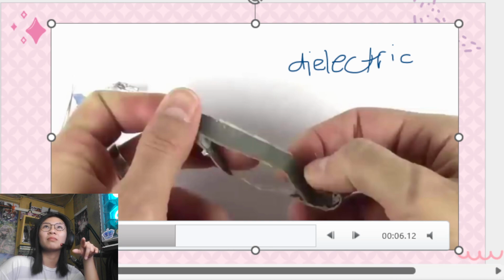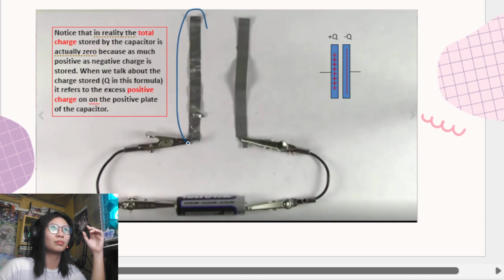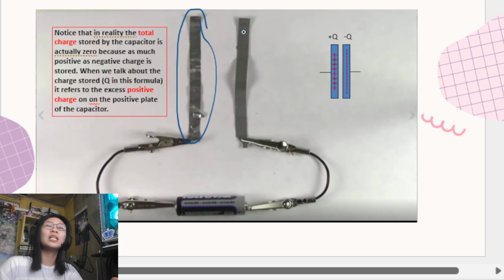That is because dili nato sila ganahan na mubalhin ang imuhang negative charge na gikan diri. Dili nato sila pwede idikit. Ngano man, kay ang mga negative charge diri mubalhin na siya diri.